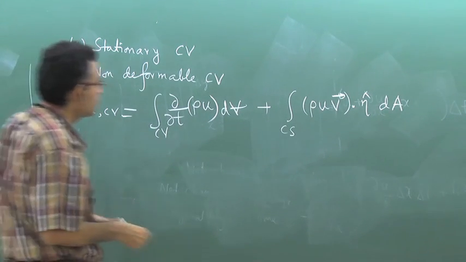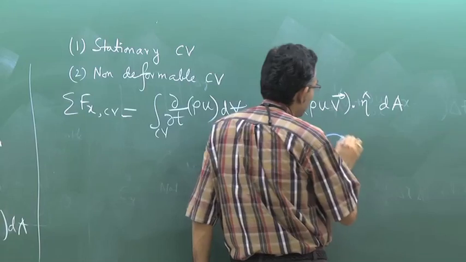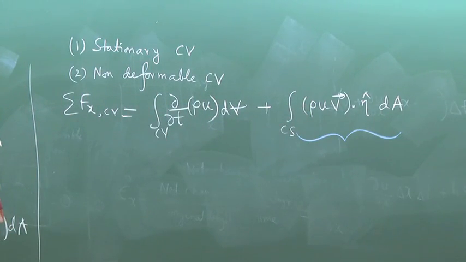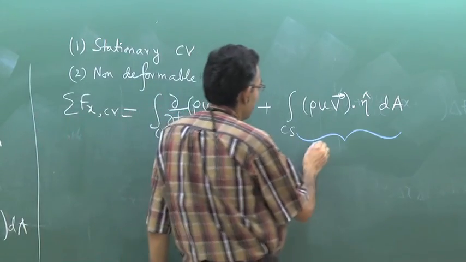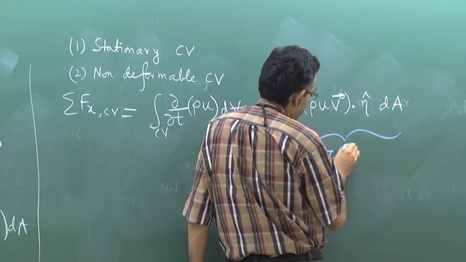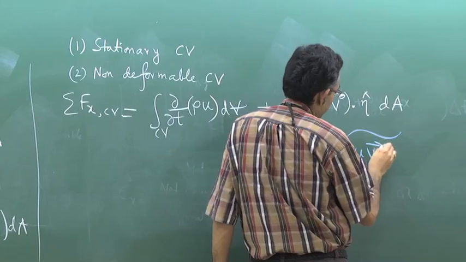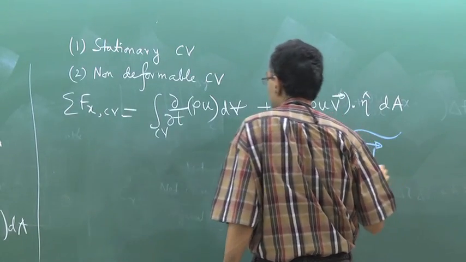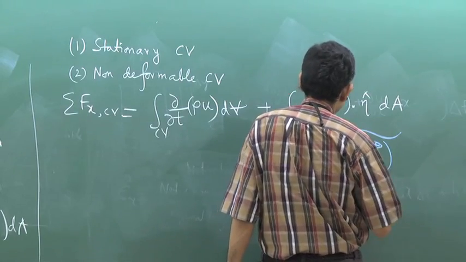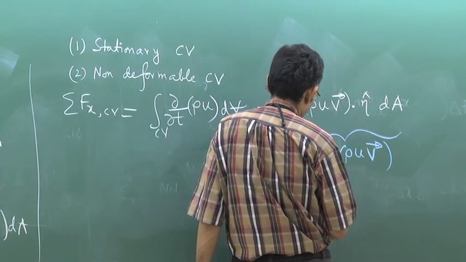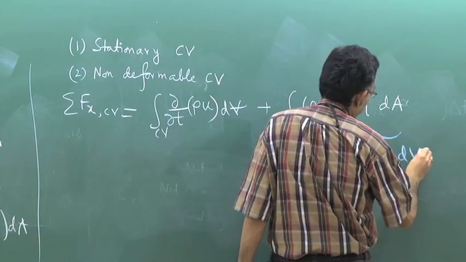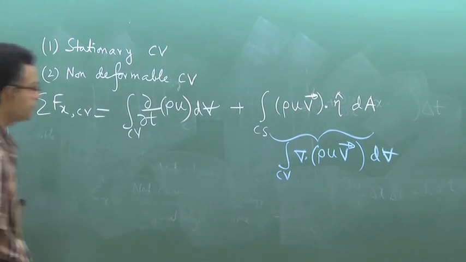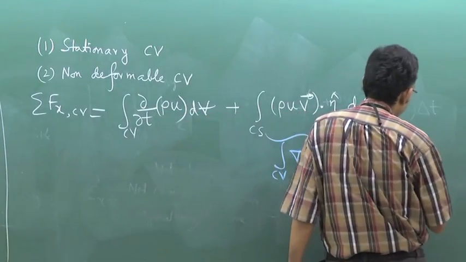This term, you can use the divergence theorem to convert the area integral into the volume integral. So, this will be the integral of, by the divergence theorem.